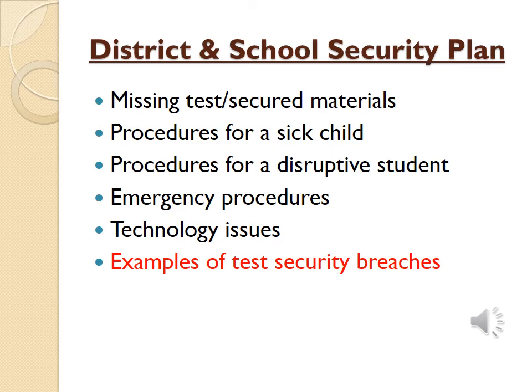Individuals taking photos of test nav screens. Using a computer, laptop, or tablet other than the one being used to administer a computer-based test while secure test materials are still distributed or while students are testing.